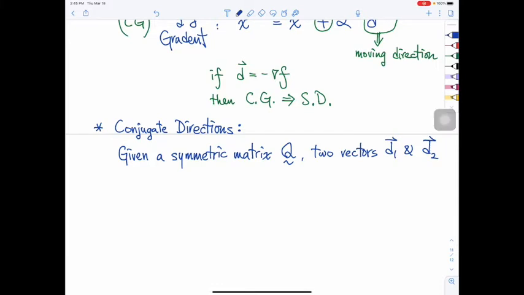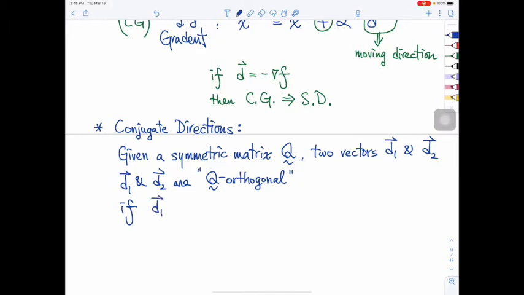Then we say D1 and D2 are so-called Q orthogonal if D1 dot Q, actually there's no bracket yet, Q matrix dot D2 equals to 0.